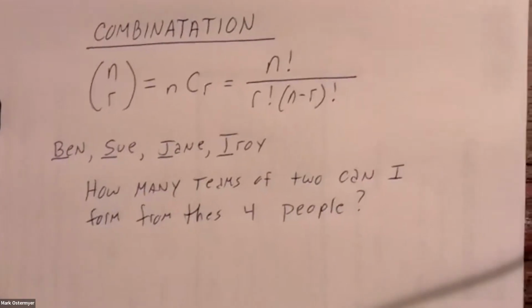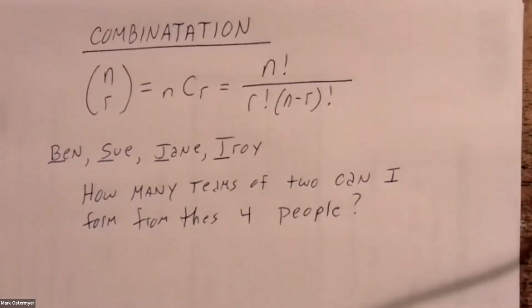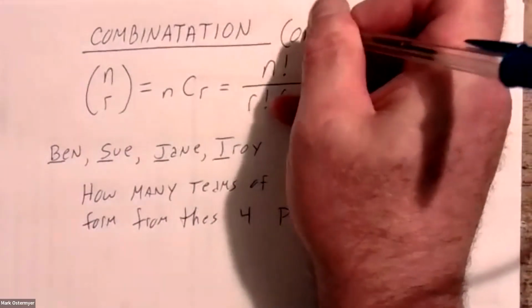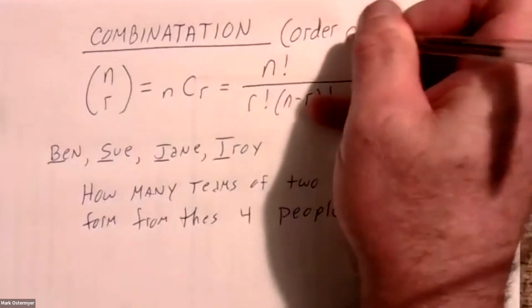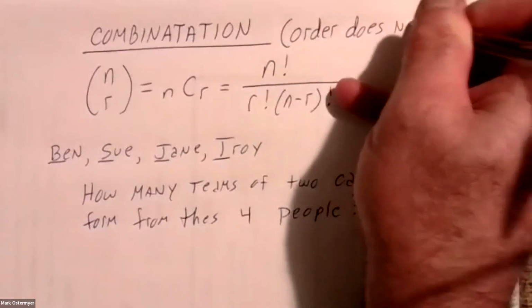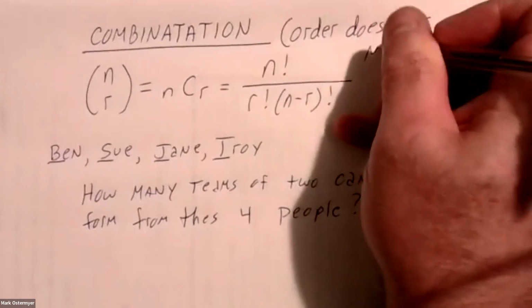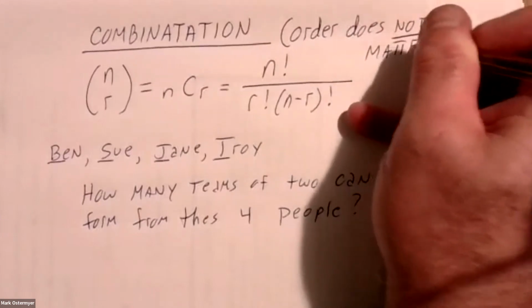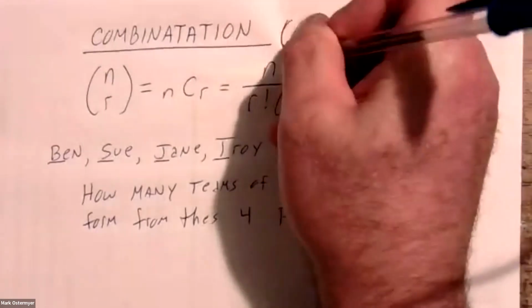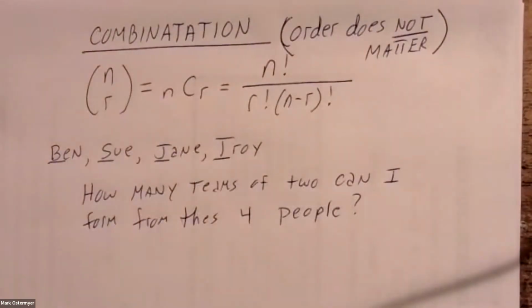Now, with combinations, ladies and gentlemen, order does not matter. As far as forming these teams of 2 people are concerned, I don't care in what order I select these people. I just have to have a team of 2 people.